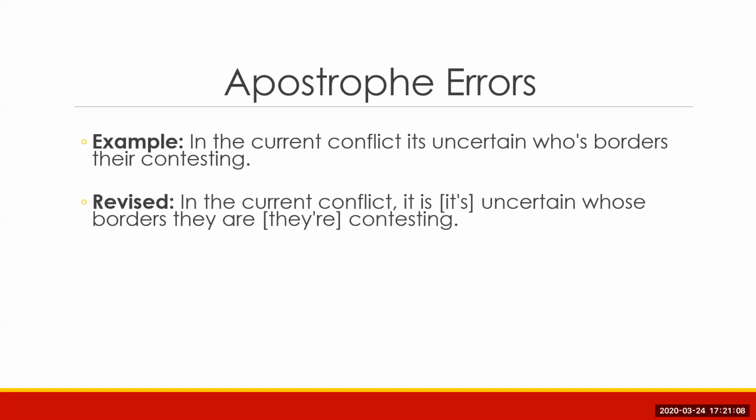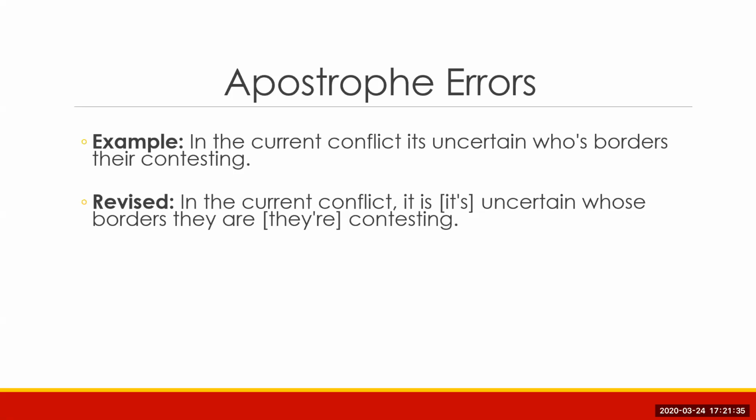Okay, so the revised version of the sentence would be, in the current conflict, it is, or it's, you could use it's, it is uncertain whose borders they are contesting. So for this one, we did more correction than just the apostrophe. I'll go over the non-apostrophe error corrections first, and then we'll go over the apostrophe corrections after.